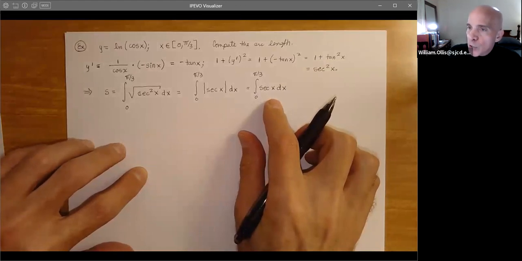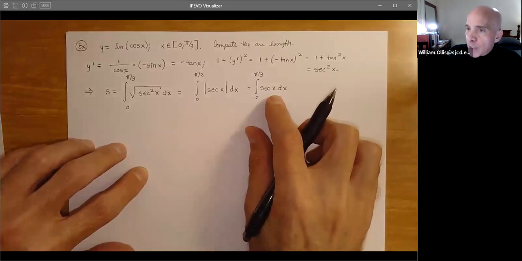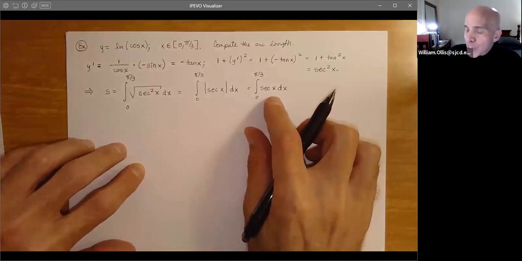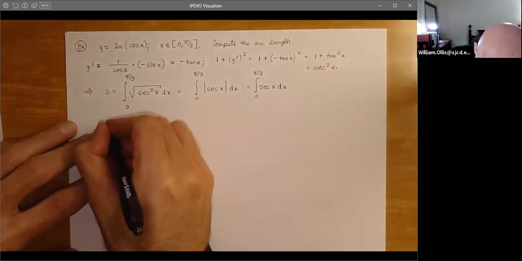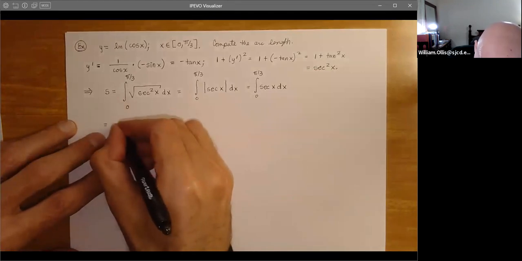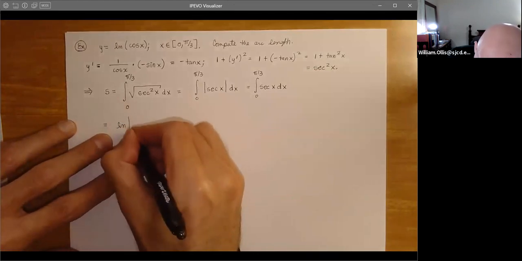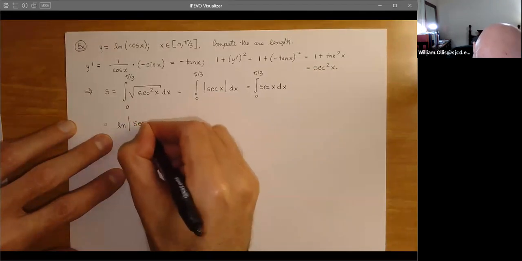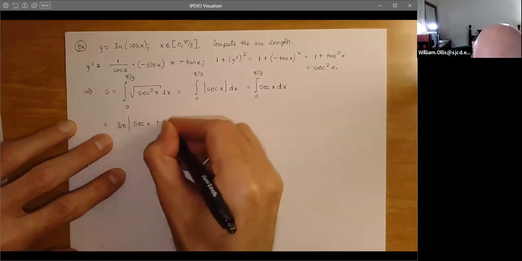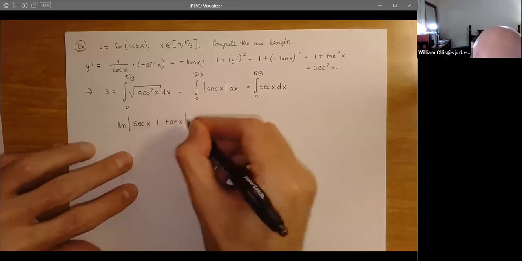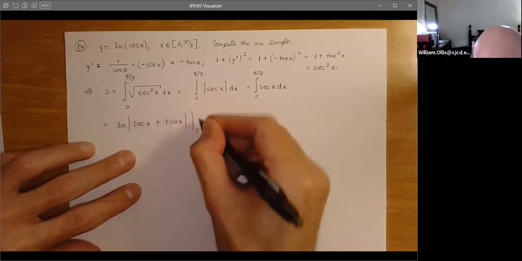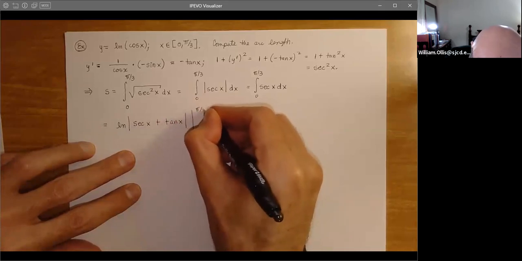Remember when we did the du over u? This is by Lagrange. So the antiderivative, and you can look on your basic form, is the natural log of the absolute value of secant plus tangent. So now we've got a calculus 1 integral, du over u. So we have the natural log of secant x plus tangent x, and we'll integrate from 0 to pi over 3.